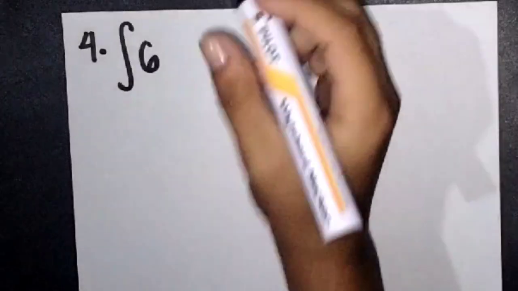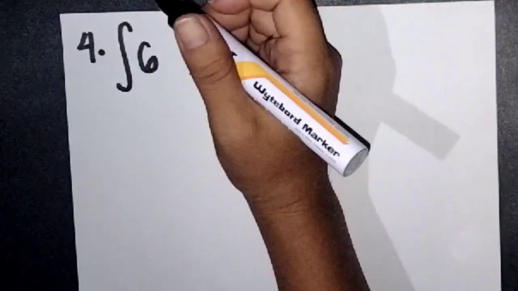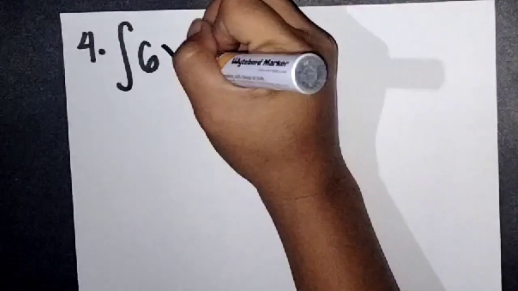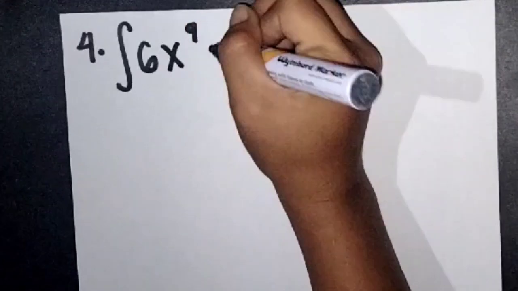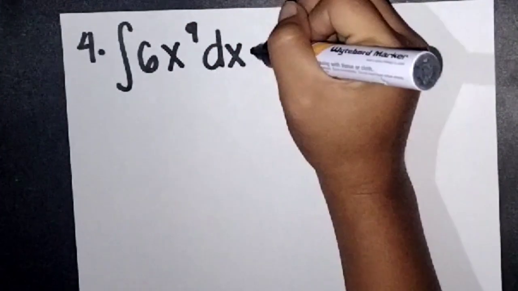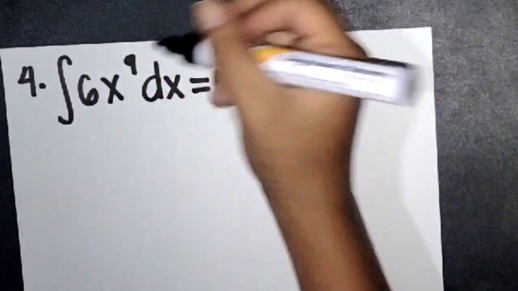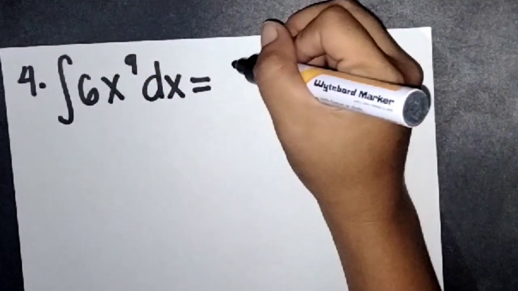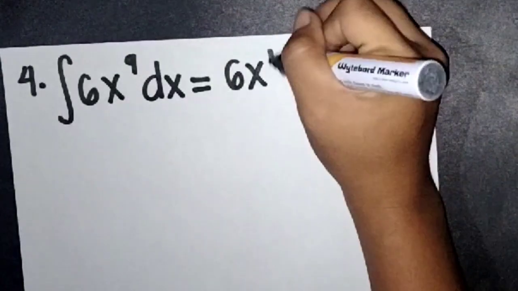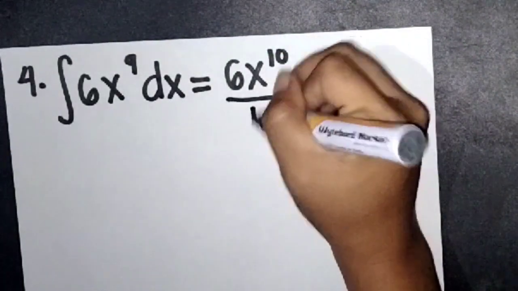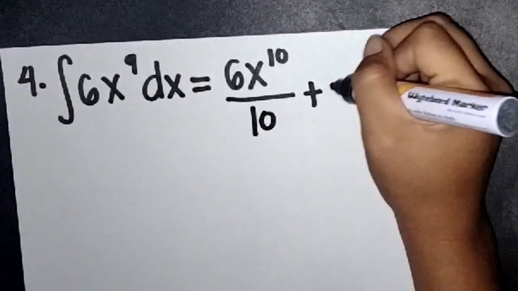For the fourth example, we're going to find the antiderivative of 6x to the power of 9. So add 1 to the exponent. So this is going to be 6x to the power of 10 over 10 plus c.